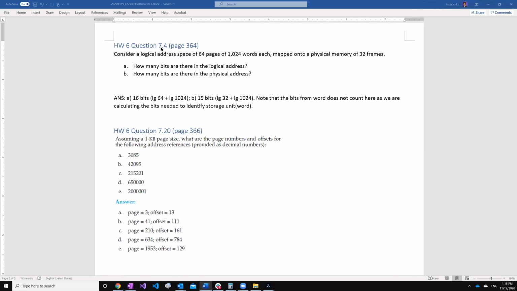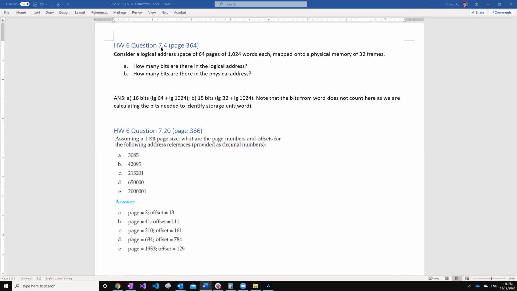What are core notations in chapter 7? I hope you can answer: page and frame, right? These two terms represent what? The page is for the logical address and logical memory, and the frame is for the physical memory, and they are related. They have almost a one-to-one correspondence, until the next chapter.